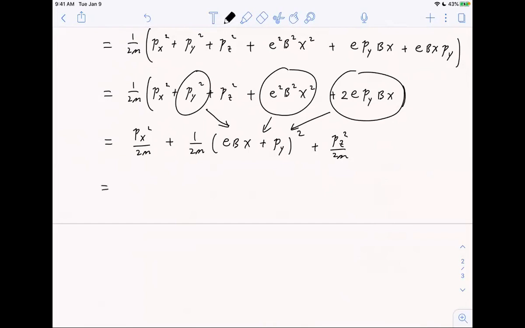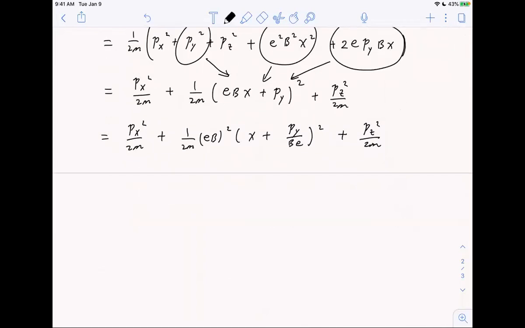Okay, now let's bring out this eB. If you bring out the eB, then they become squared, so you have x plus py over eB squared.